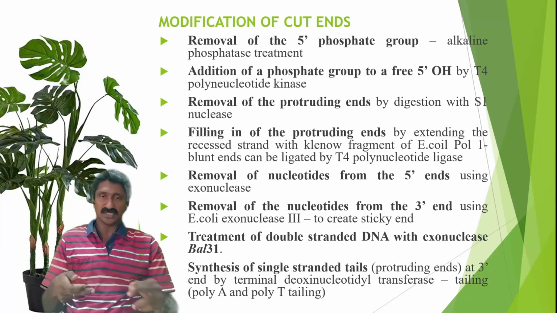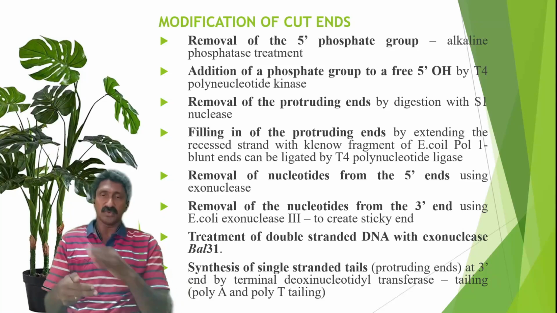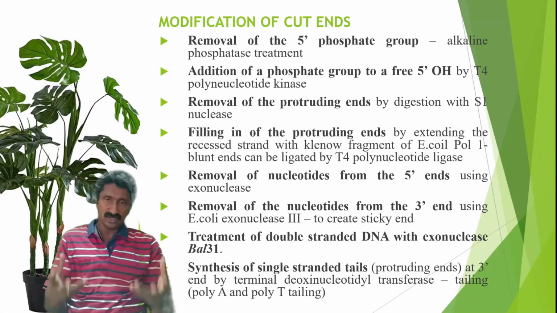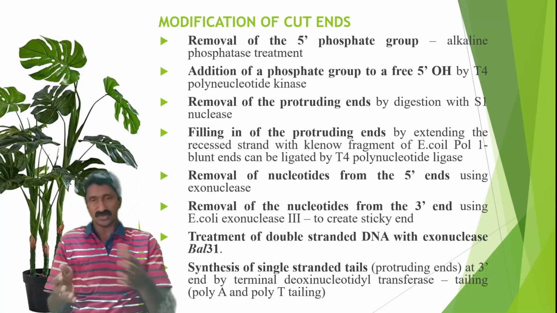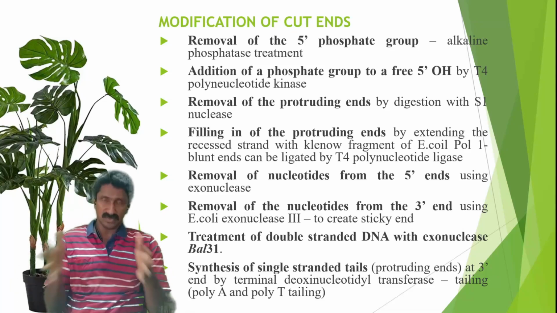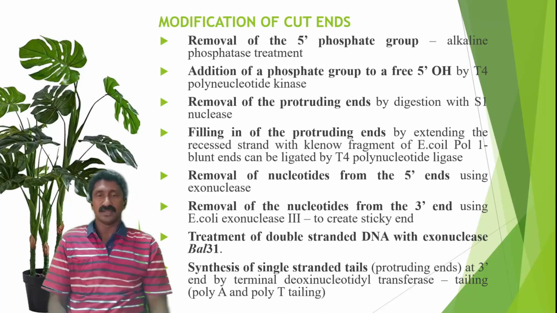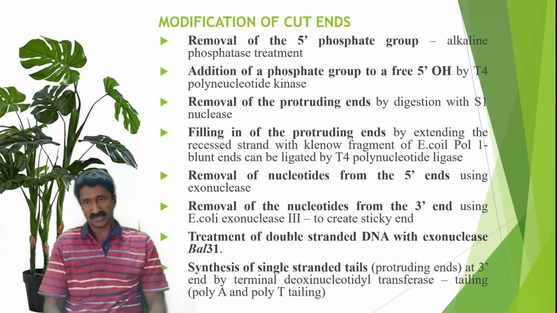So based on the target sequence or its structure, you can modify your ends by phosphate addition, phosphate removal, or strand extension, or trimming of the strands, or trimming of both strands, or even extending the strands by adding poly A or poly T at one of the ends.